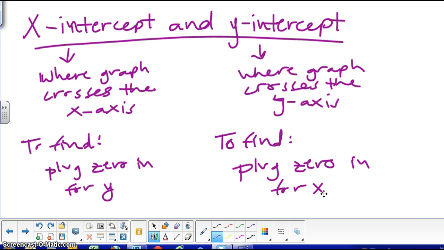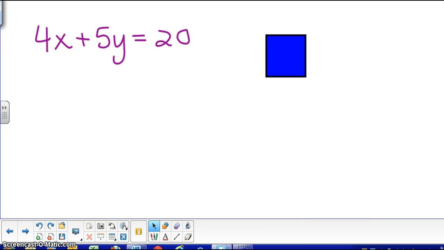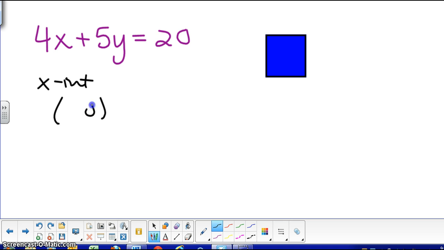Okay, so let's use that for the next couple examples. First is 4x plus 5y equals 20. So for this example, I'm going to use what's called the cover-up method. To find the x-intercept, let's go ahead and write this down, we're going to plug a 0 in for y.